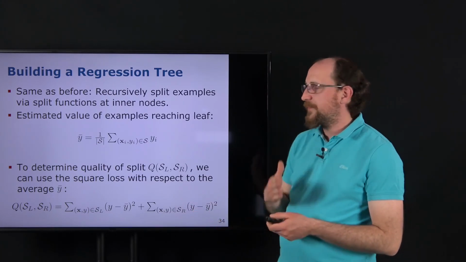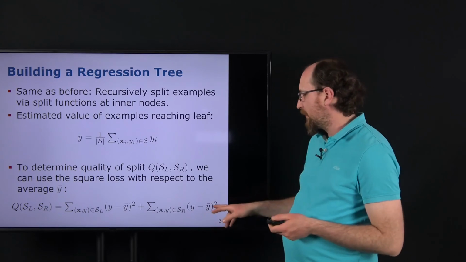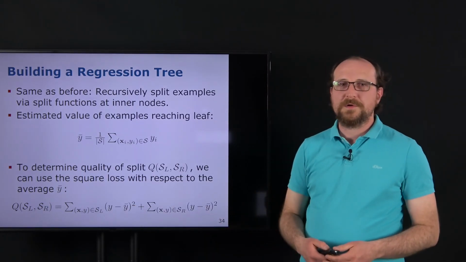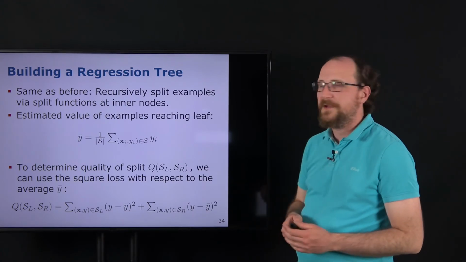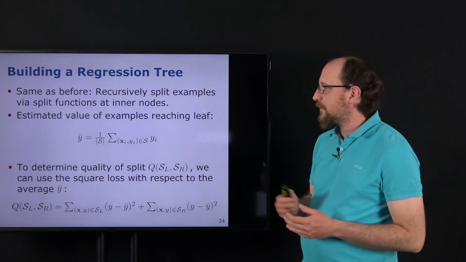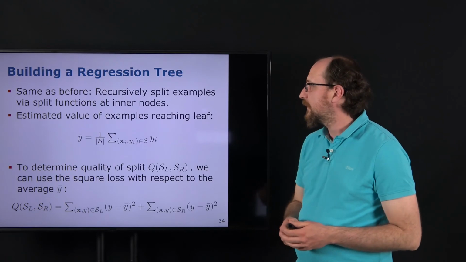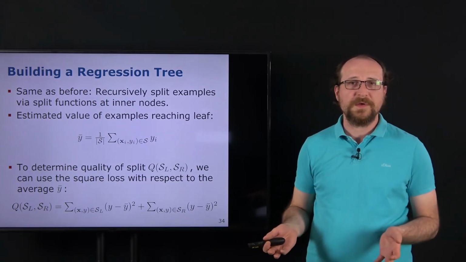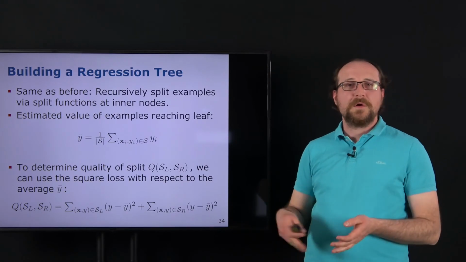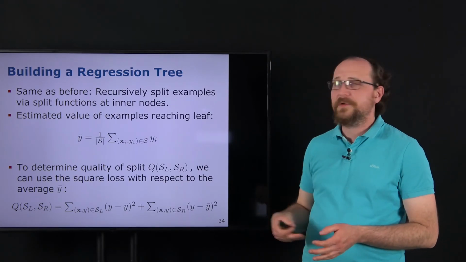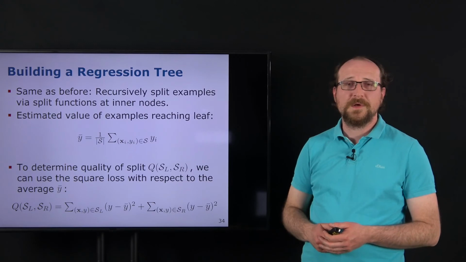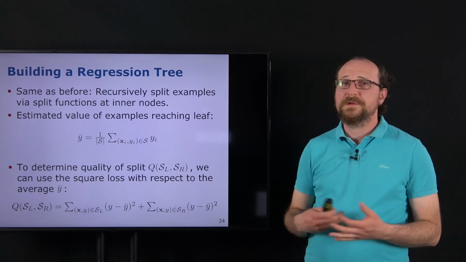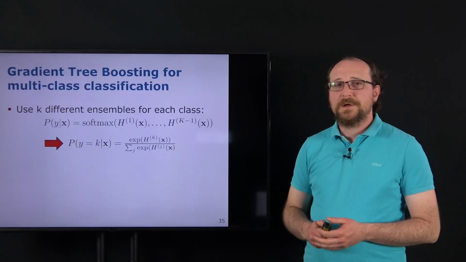We select the split such that the average is a good estimate of this in the end. This is the only thing that you have to account for. It's not so complicated, so you will be able to implement this. This is the only thing that you have to change. The rest of the algorithm stays the same. You do the splitting, pass on the data, do the recursive update of the decision tree by adding children, and then you're done.